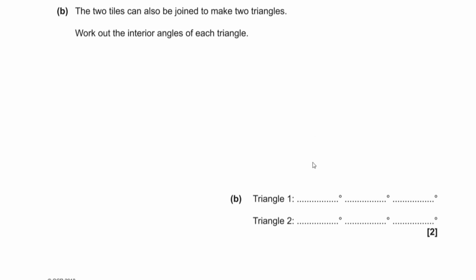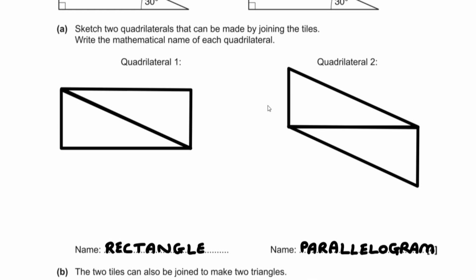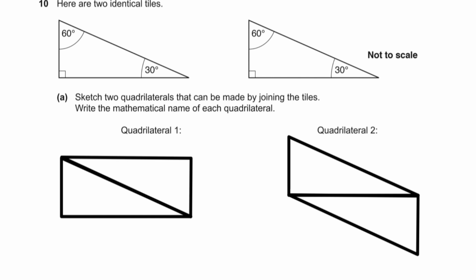Part B, the two tiles can also be joined to make two triangles. Work out the interior angles of each triangle. So we've got two possible triangles as we see here. Now if we take a look at the angles we have, we've got this 60 degrees and we've also got this 30 degrees.